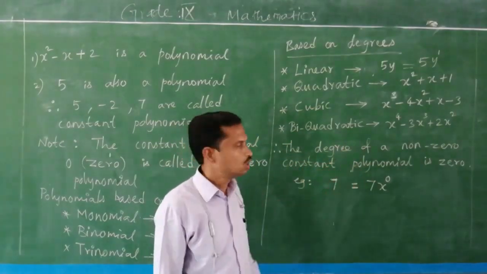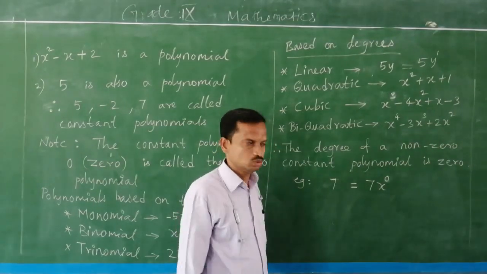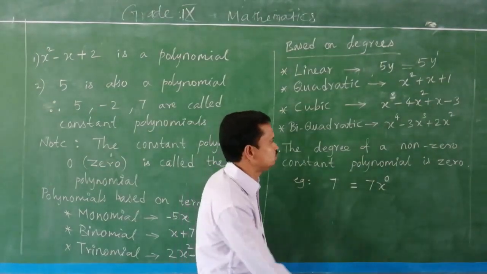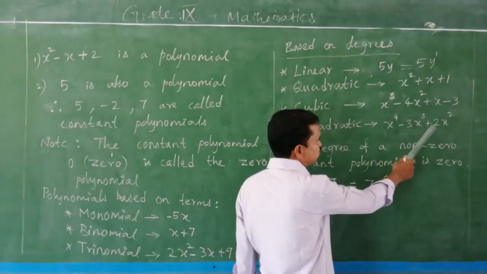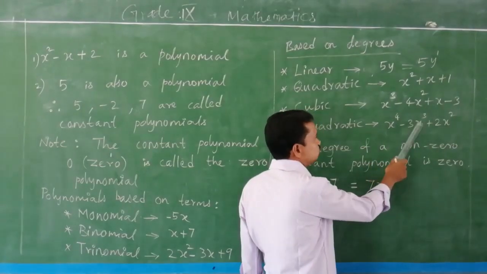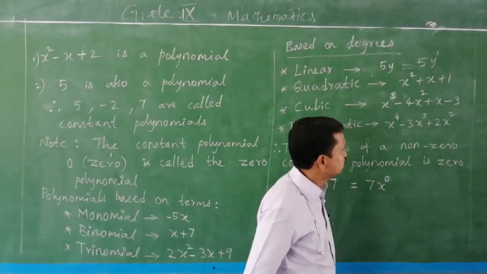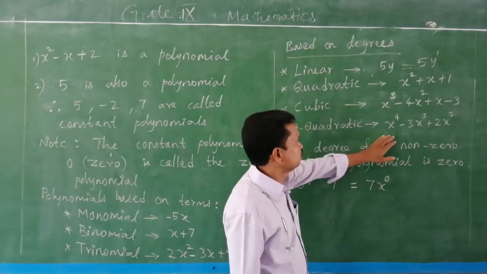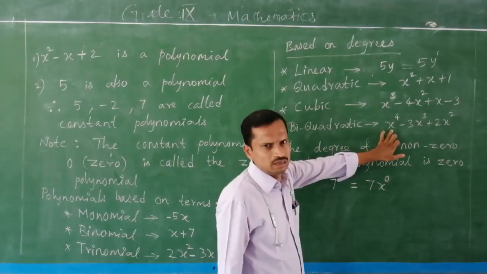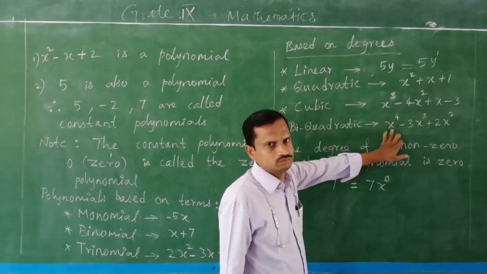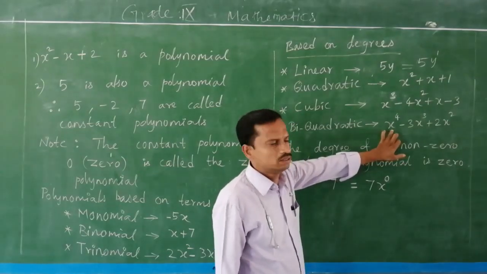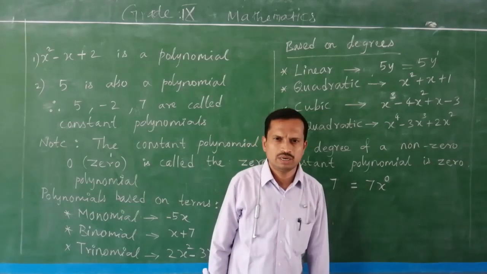Bi means 2. Quadratic is also 2. So totally 4. For example, you see here x power 4 minus 3x cube plus 2x square and the other terms are no more. But the highest power here is 4. So with that we can say it is a biquadratic polynomial.